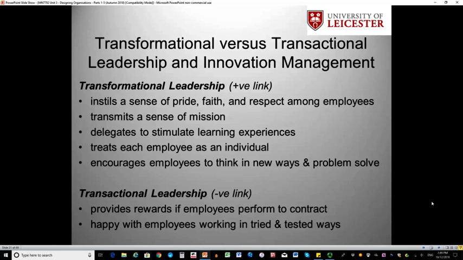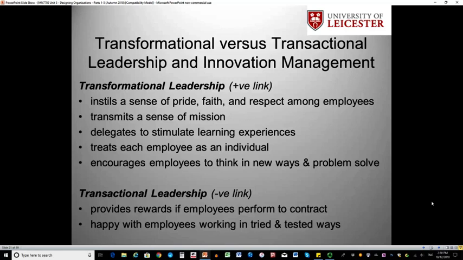And you can see how the transactional leadership approach, which is about rewarding individuals if they perform a contract and if they're happy with employees working with tried and tested ways, very much ties into the kind of organisational climate that Cantor was talking about in relation to the segmentalist approach. So one can see how some of the concepts and ideas that you had in Module 1 start to tie in to some of the things that I want to talk about in relation to innovation.